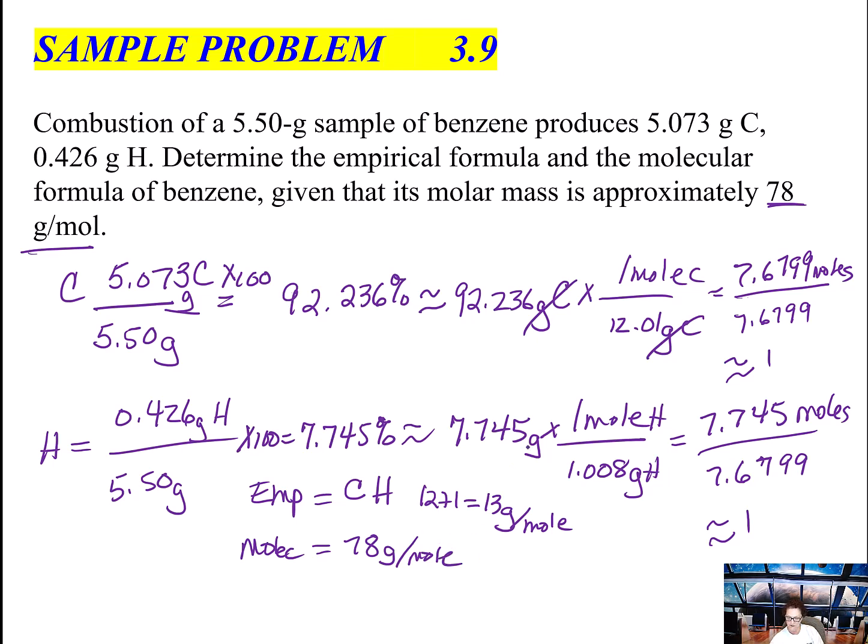I divide the big one by the little one, so 78 divided by 13 is 6. And so for my molecular formula, I have to multiply my empirical formula by 6. So that's going to be C6H6. Because remember, if I don't have a number down there, we understand that it's a 1. Because chemists are lazy and we don't like to write anything we don't have to. Okay? All right, so C6H6.